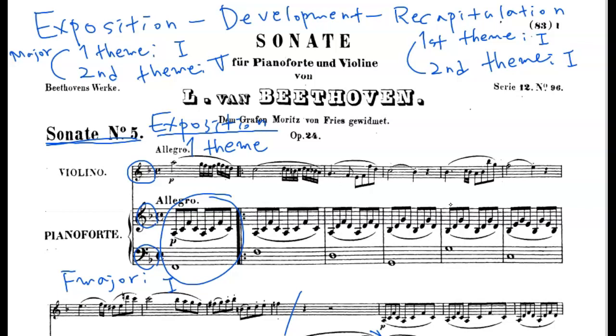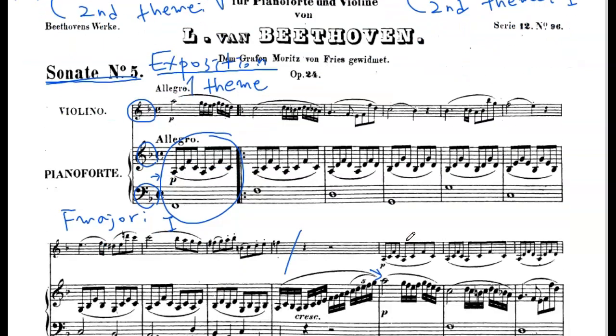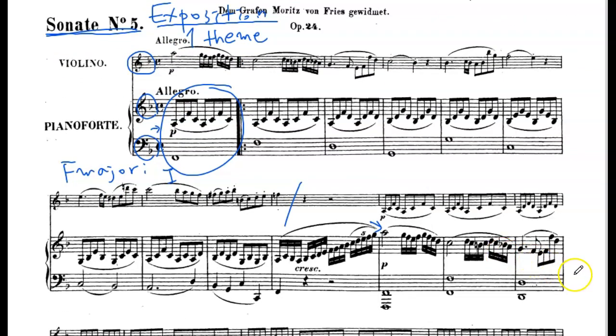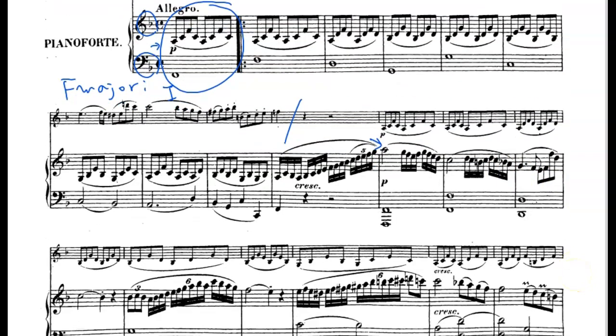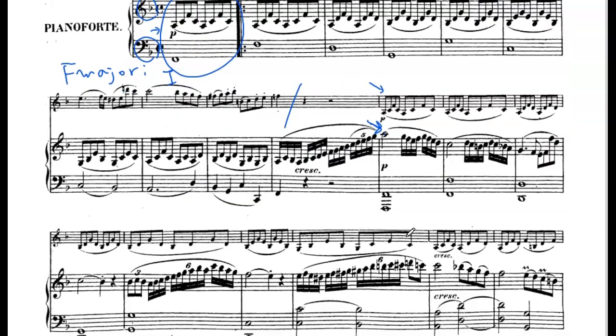Very graceful and lyrical melody played by violin, and your piano is just playing the broken chord as an accompaniment. So this is the exposition. And if you keep scrolling down in here, your piano takes over the melody and your violin now plays the accompaniment, the chords only. This is still the first theme area.